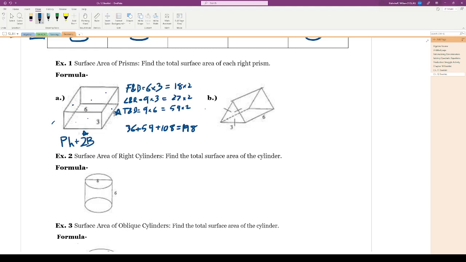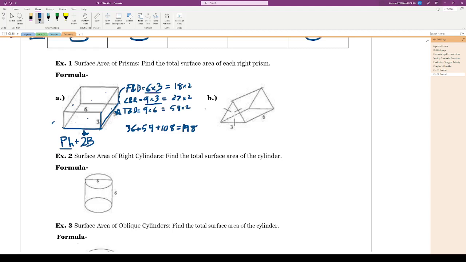My perimeter times height is just these two combined, because the perimeter of the base would be 9 plus 6, and then my height was 3. So I did 6 times 3 plus 9 times 3. That's the same thing as 6 plus 9 times 3. So the formula doesn't really add much value, honestly.